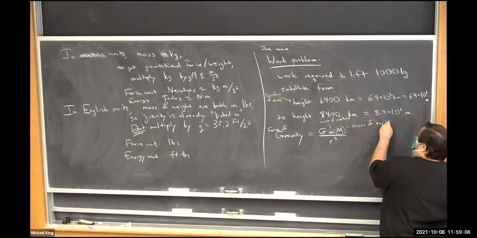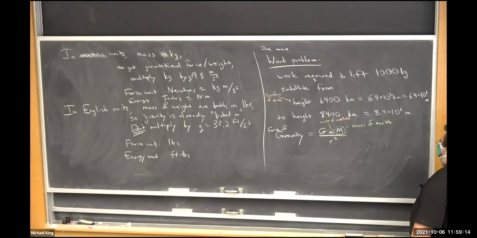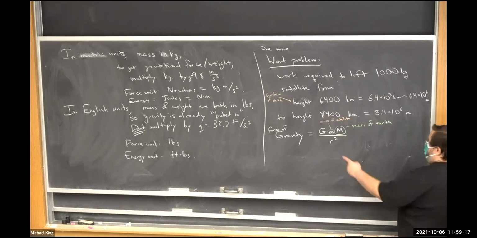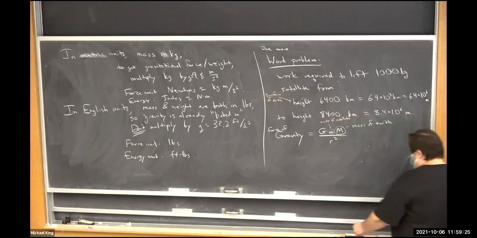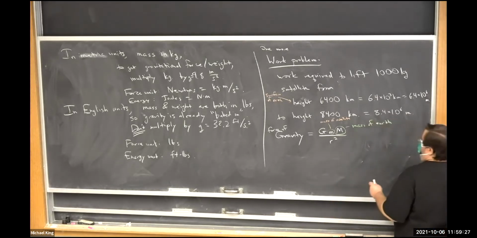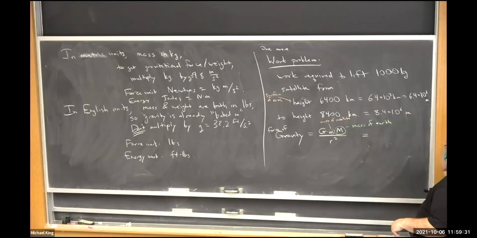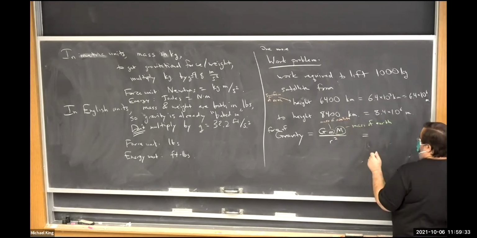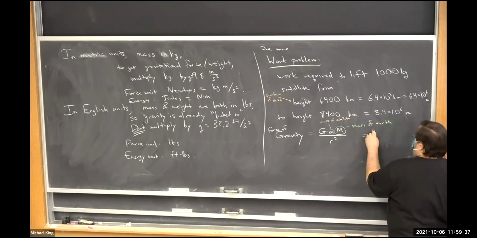And so these are constants in this problem. I mean, the mass of the satellite is constant too. So G times M is some number which apparently is 4 times 10 to the 14th. So it turns out that if you want to do some object with regards to the Earth, you combine G and M into one constant, 4 times 10 to the 14th.